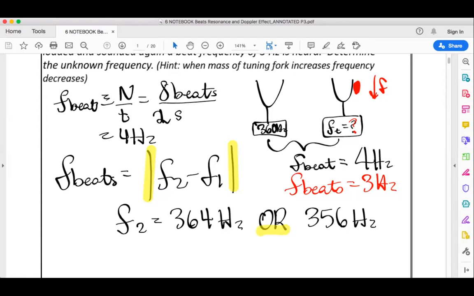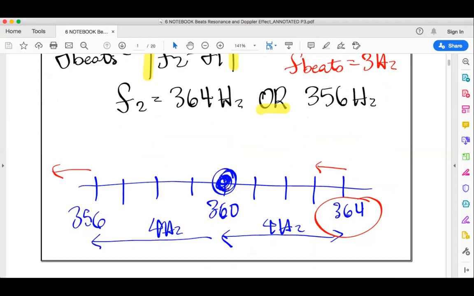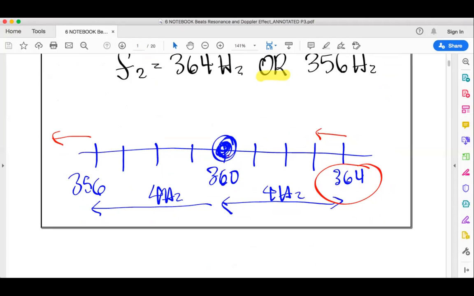Now when we add mass, making the frequency lower, the difference between the two is only 3 hertz. Which one of these, when made lower, could be 3 units away? So I like to think of it as a number on a number line. So 360 is the one we know, and we're either at 356 or 364 for the other tuning fork.